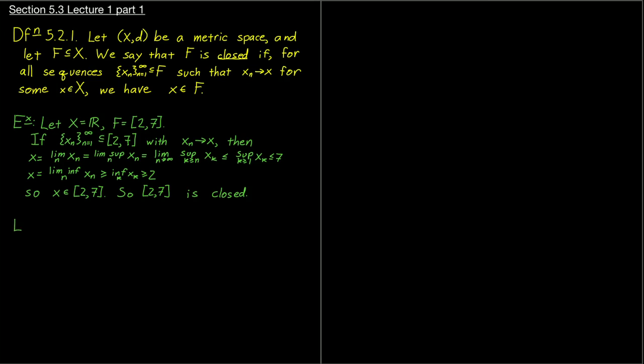Another example. Let's stay in the real numbers for a little while, because that's where we're comfortable and where all the straightforward examples are. Let F be an open interval, and I'm going to let 0 be one of the endpoints just because that makes this a little easier to state.